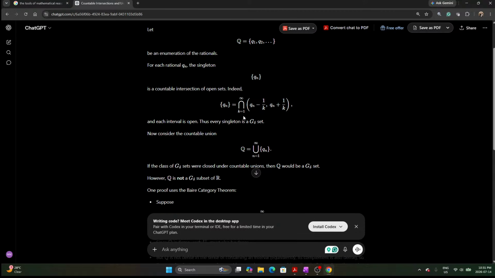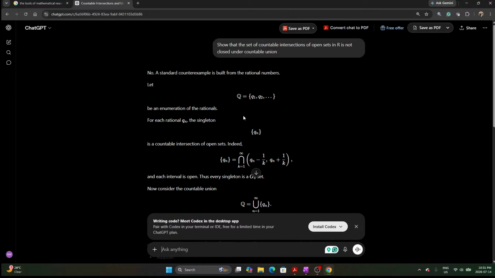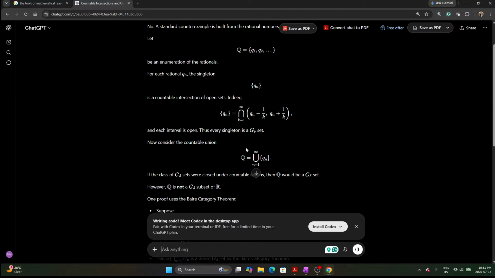How do we construct a countable union? Q is not a G delta subset of the reals.